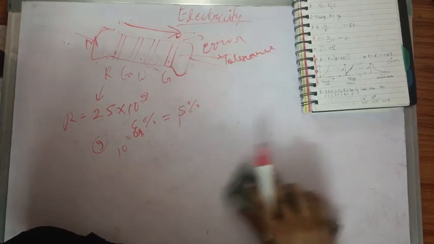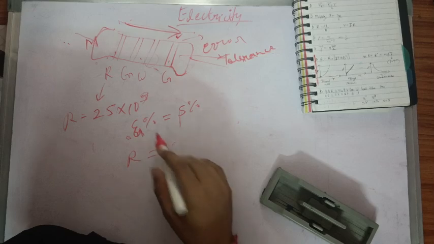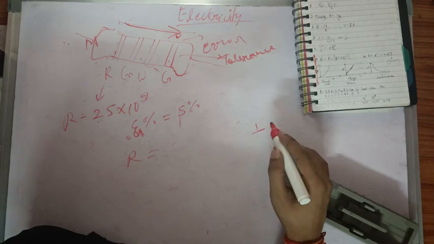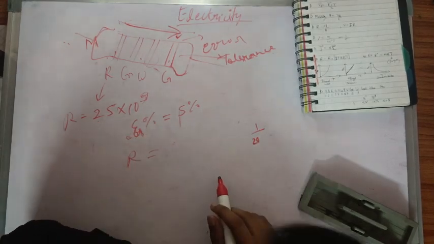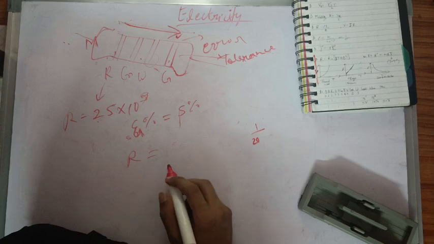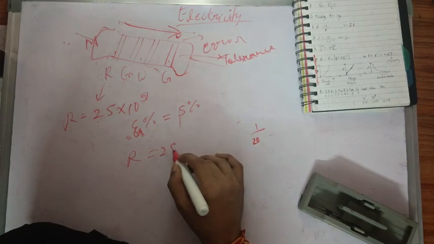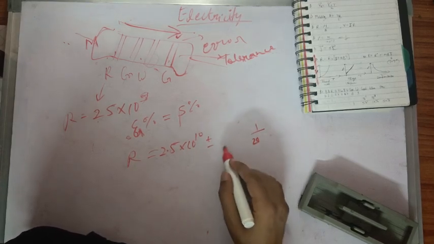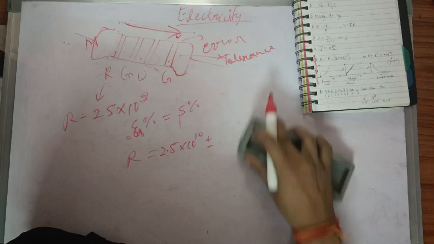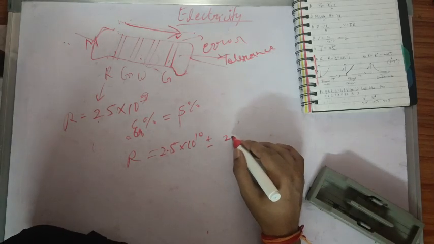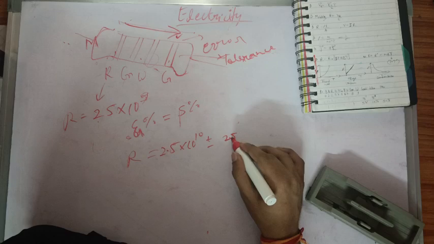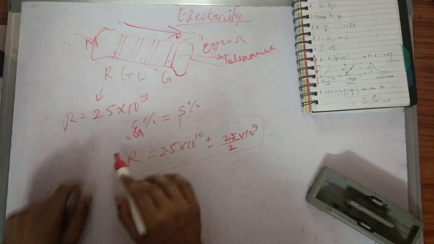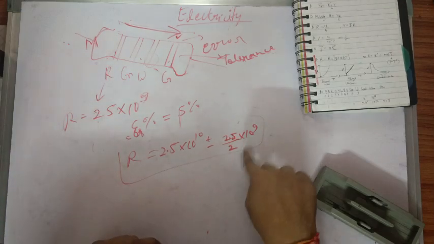Gold has 5% error, so I can write the resistance more correctly. 5% is 1 over 20 part of this, which means 2.5 into 10 to the power 10 plus minus 1/20 part of this, which is 2.5 upon 2 into 10 to the power 9. This would be the resistance value of this resistor, where the resistance value can fluctuate a little bit.